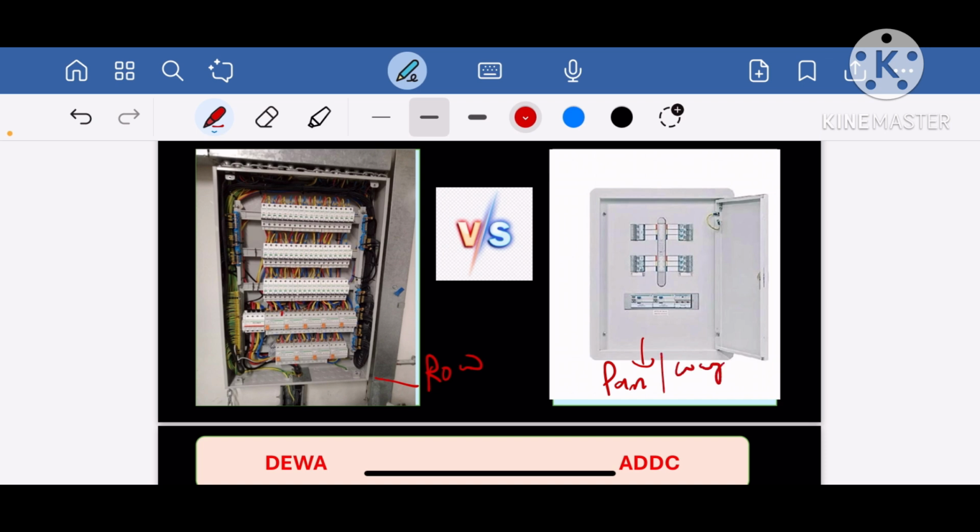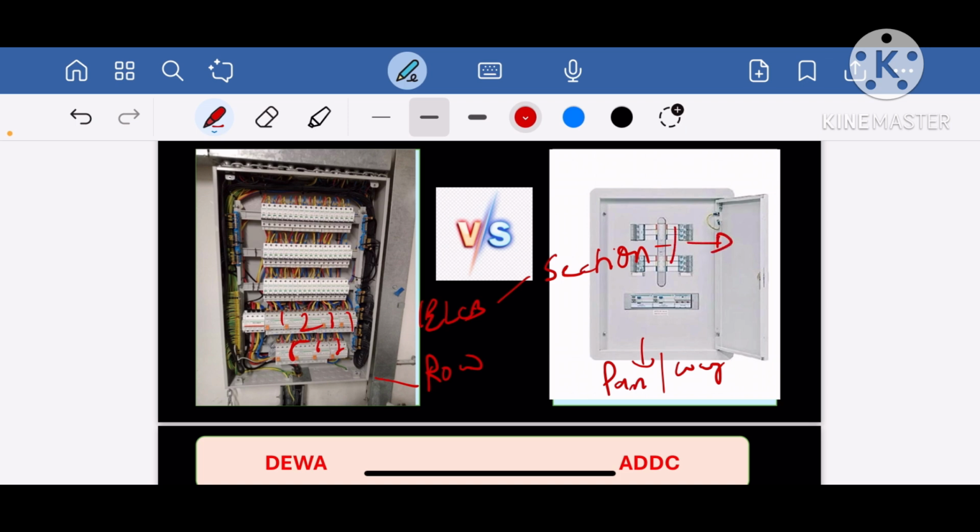Here you see we have 1, 2, 3, 4, 5, 6, 7 ELCBs. Each ELCB is considered as one section. So there are 7 ELCBs, meaning this DB has 7 sections.